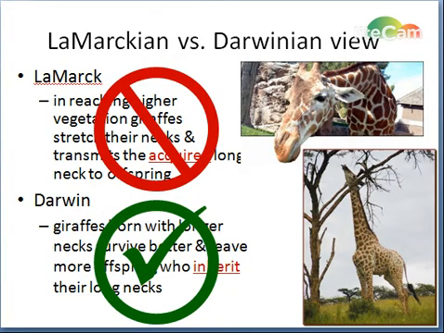So, Lamarckian versus Darwinian views. Lamarck looked at giraffes and concluded that by reaching higher vegetation, giraffes stretch their necks and then transmit that acquired long neck to their offspring, whereas Darwin thought instead that giraffes who are born with a longer neck are better able to survive and then reproduce, producing more offspring who inherit their long necks.